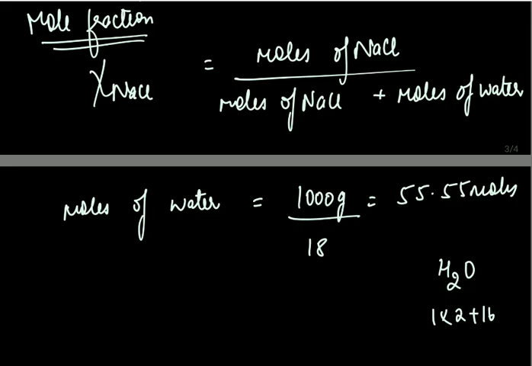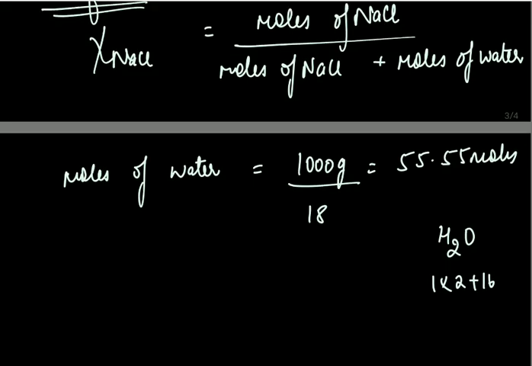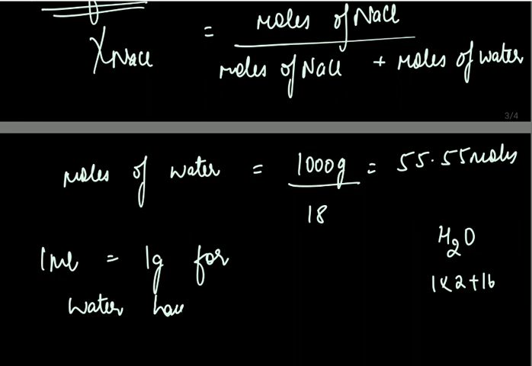Now, we have taken 1000 grams and we are calculating moles. That's okay. We can even say that for water, 1 ml is equal to 1 gram, having density 1 gram per ml, right?